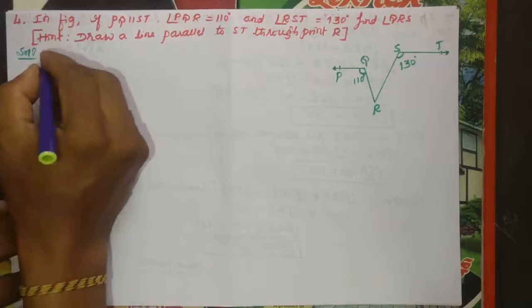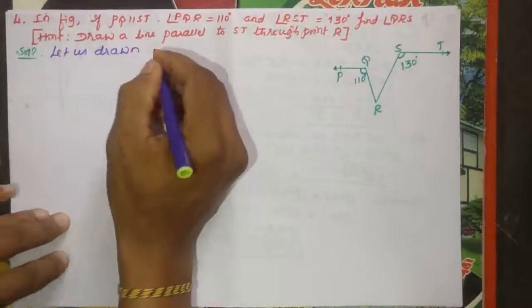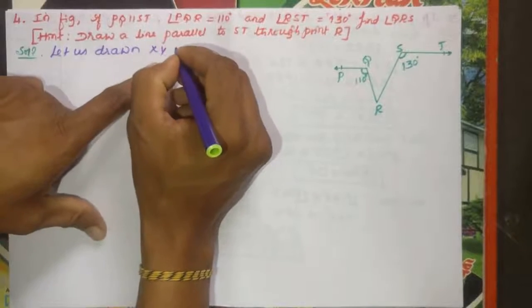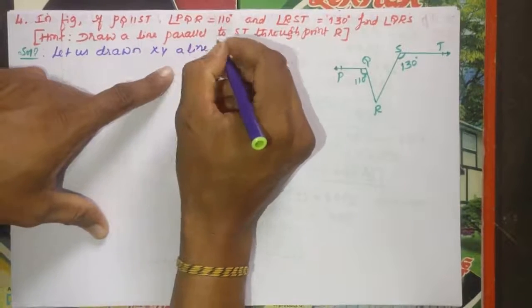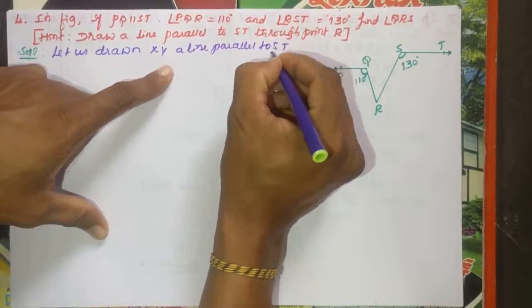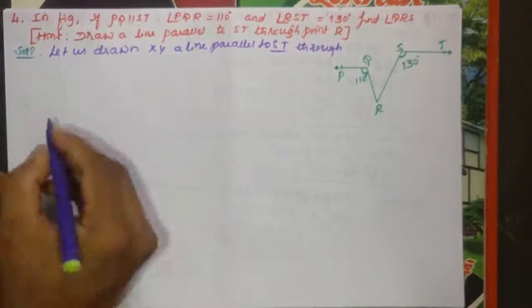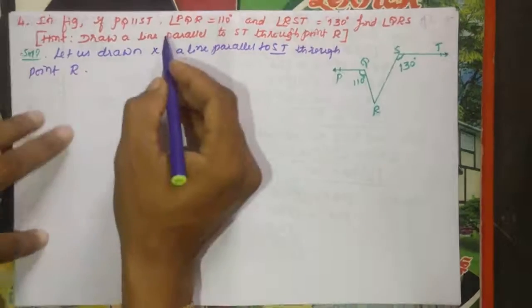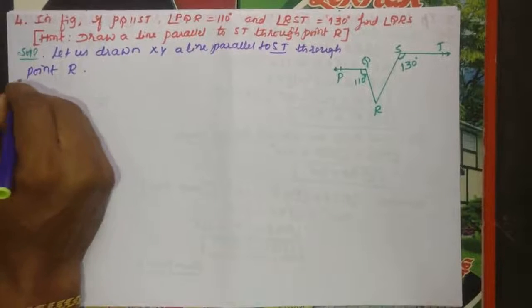Let us draw XY, a line parallel to ST through point R. See what it has given here: PQ is parallel to ST, given.